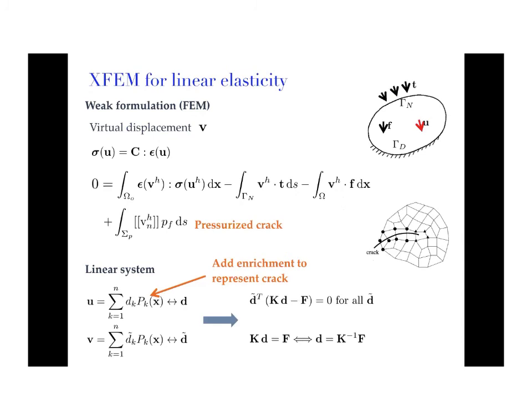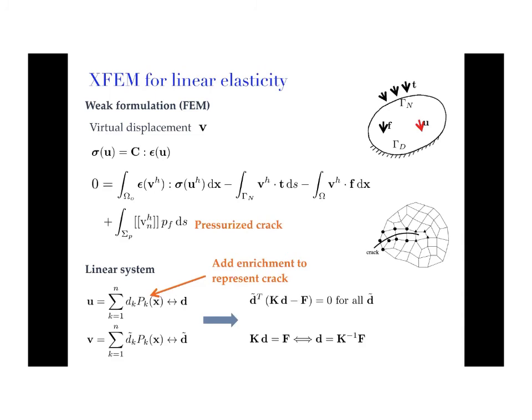So if we look at a body with a fracture and we want to find the displacement u as a function of loads, so there can be body force, there can be tractions, then assuming that the body deforms as a linearly elastic material, we have this weak formulation in the standard finite element, which is basically a variation of the potential energy principle. So you need to introduce virtual displacement, you need to introduce your representation of actual and virtual displacement through shape functions.